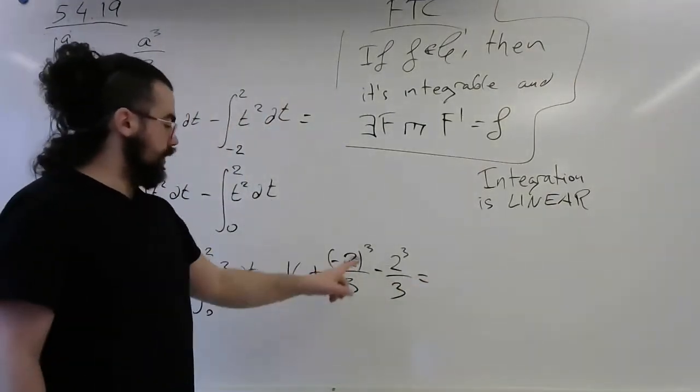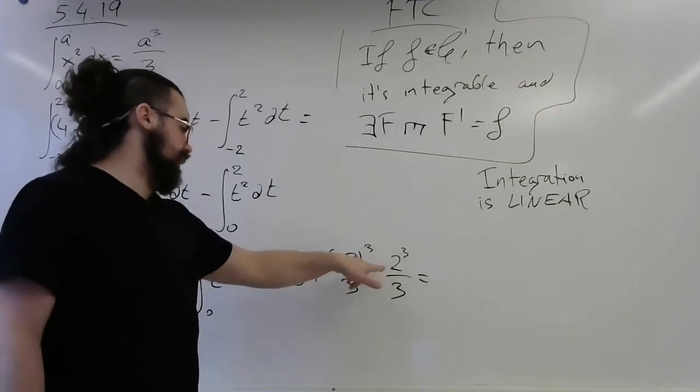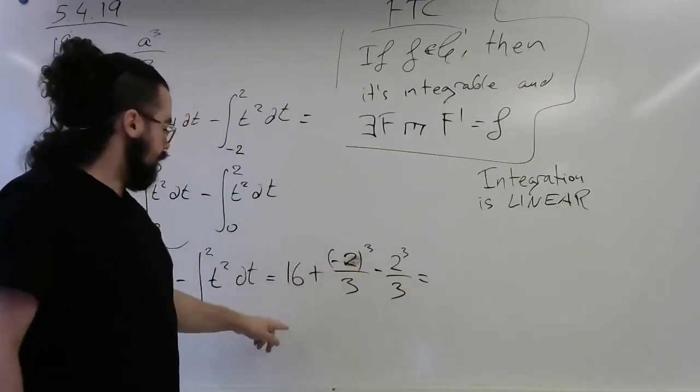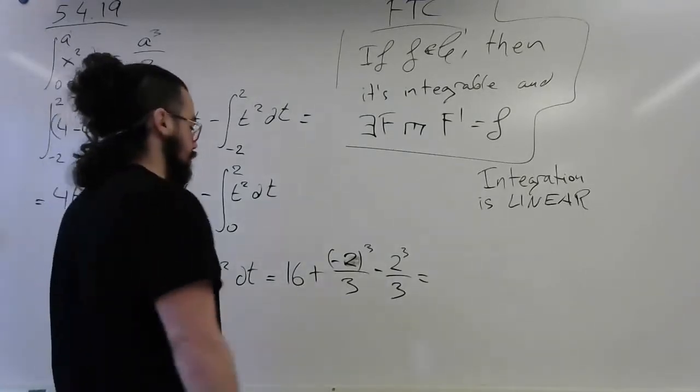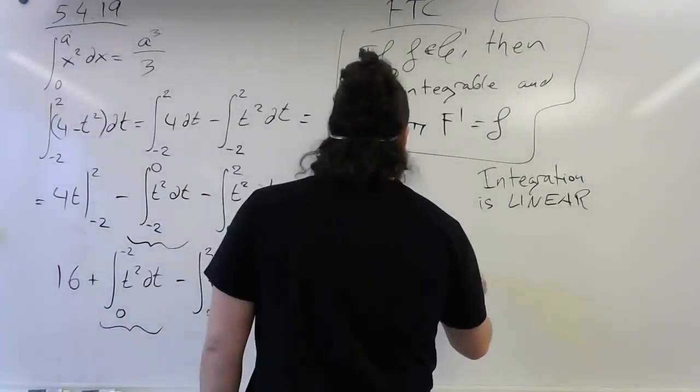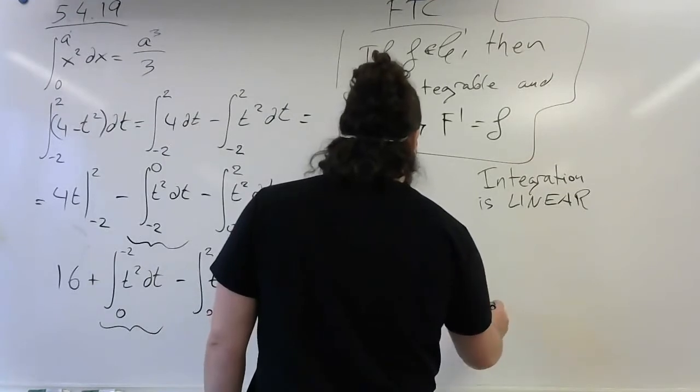Now this is -8 over 3, -8 over 3, this is -16 over 3, plus 16. So this is 16 times 4/3, or equivalently 64 over 3.